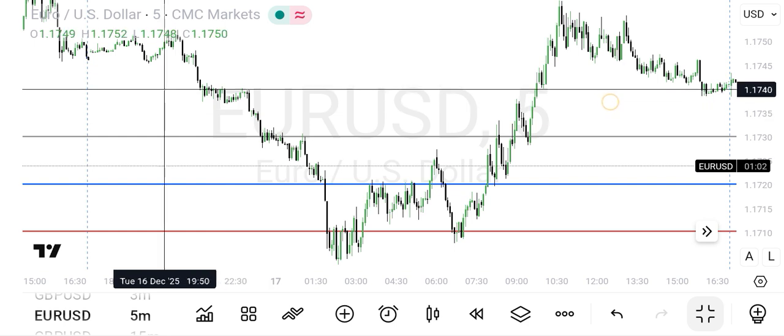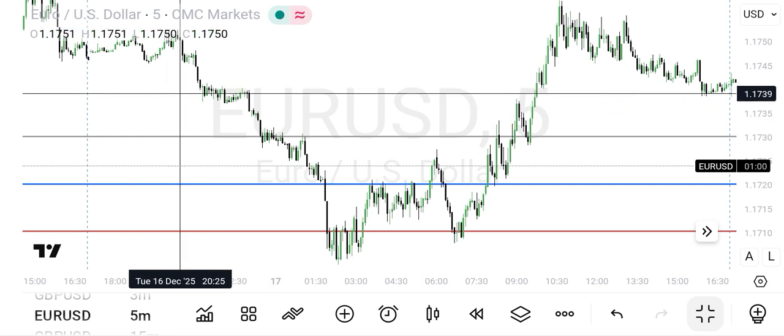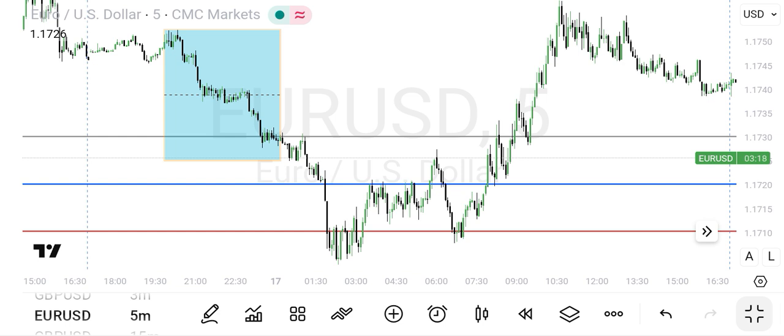I want to show you the Asian range and how to utilize it to form a daily setup using the AMD pattern: accumulation, manipulation, and distribution. The blue box that you see there, that I've highlighted, is a price section for Asian session.